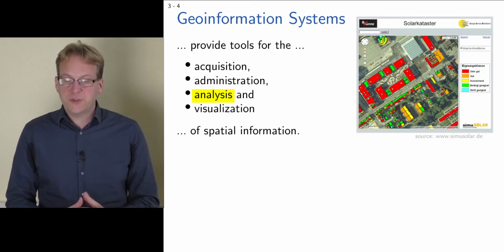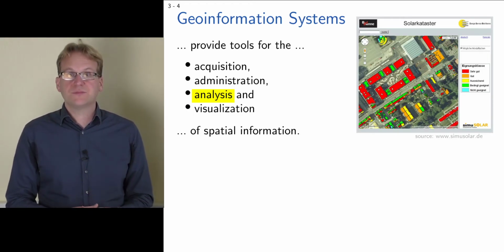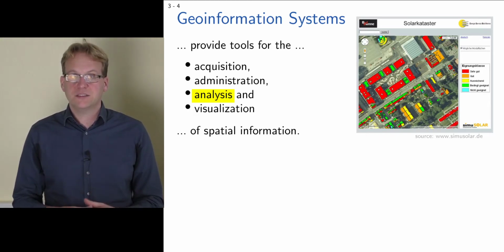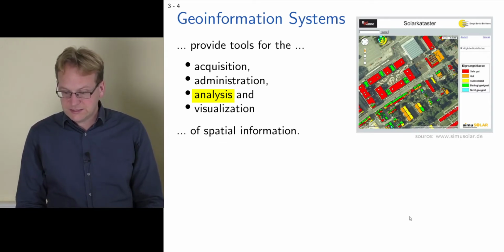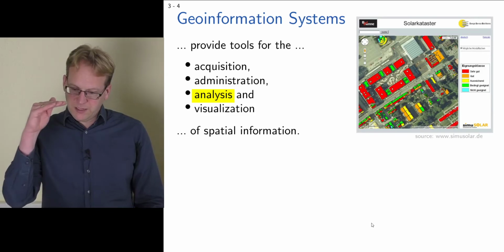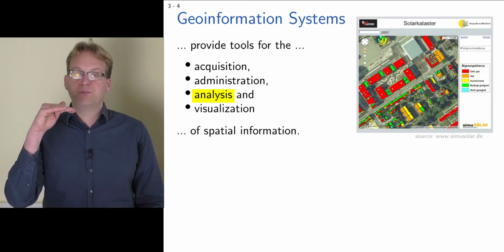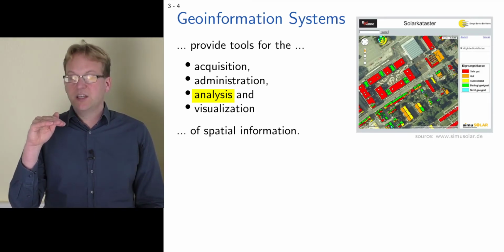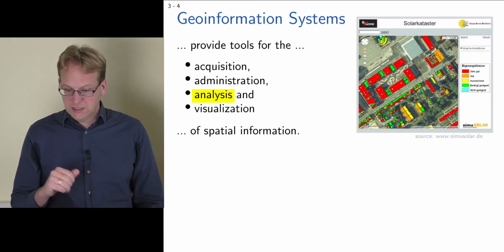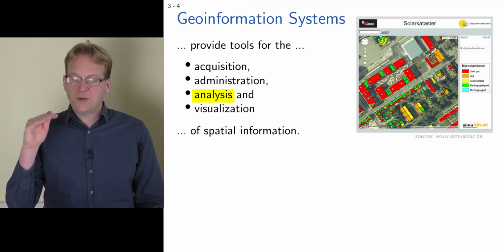So for this we need algorithms dealing with the data, for example, data mining algorithms. This one here is an example where roofs of buildings are classified according to how well they are suited for solar panels.